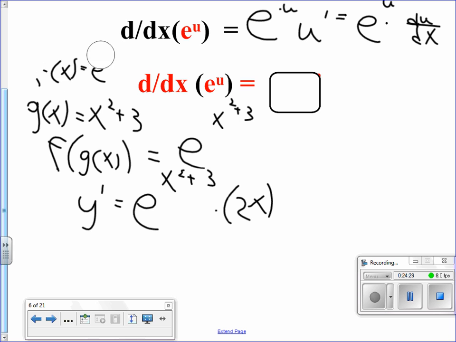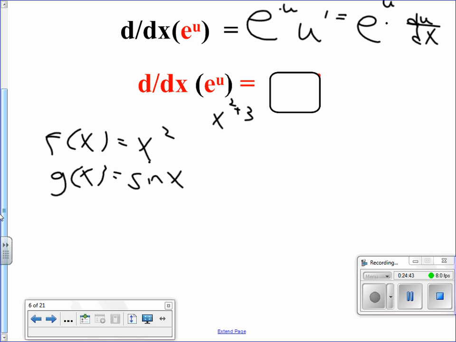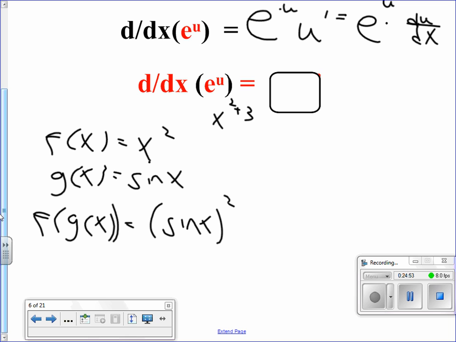Well, if one of the functions was x squared, let's say f of x equals x squared, and g of x equals sine of x, then f of g of x is sine squared x.